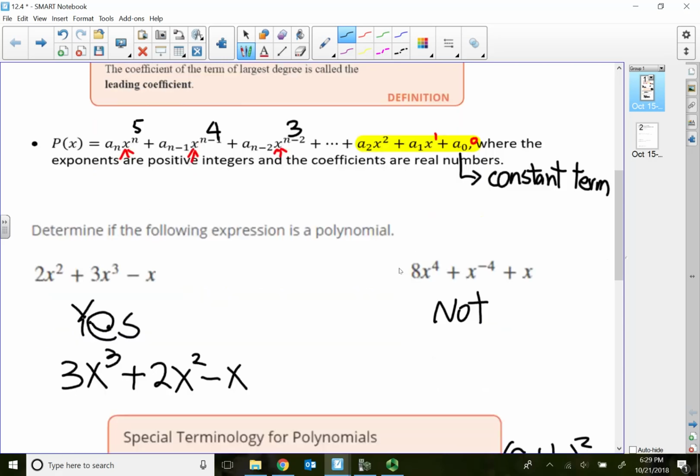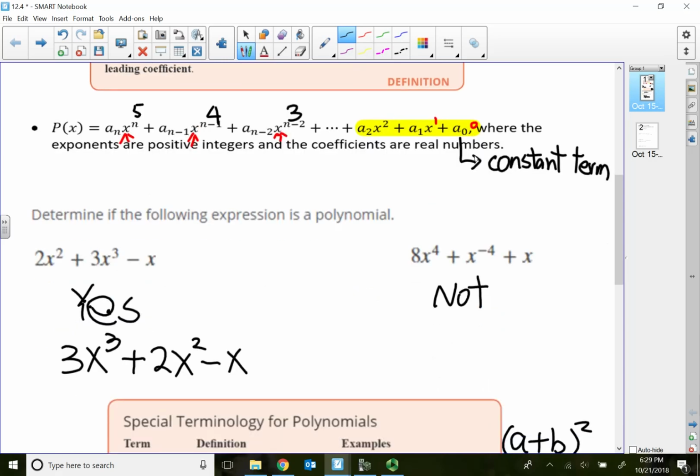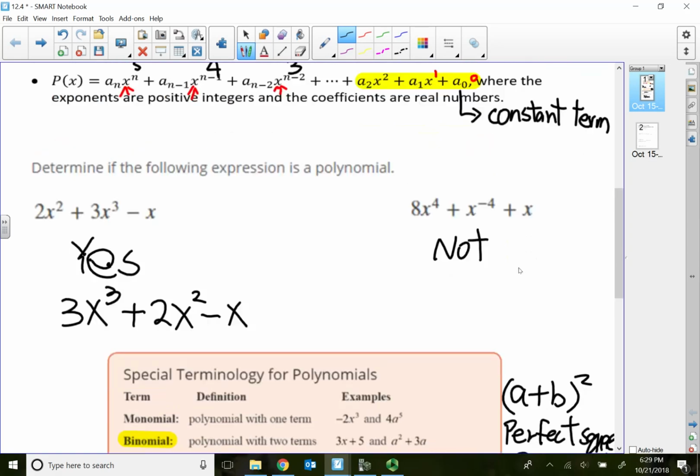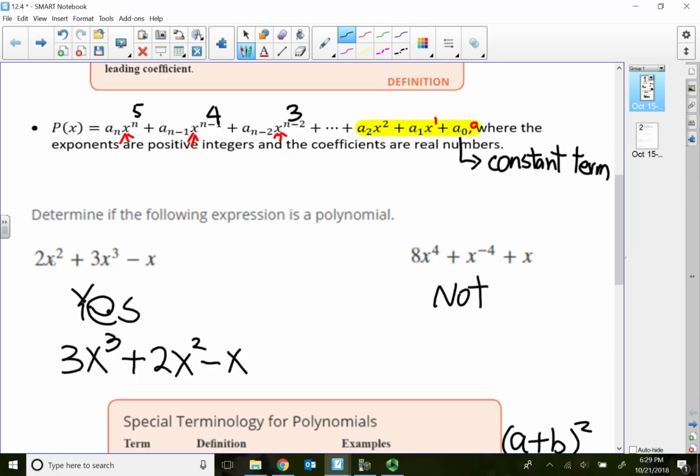The very last term of a polynomial is called the constant term. To be a polynomial, the exponents have to be positive integers and the coefficients have to be real numbers, so the exponents cannot be negative, decimals, or fractions.